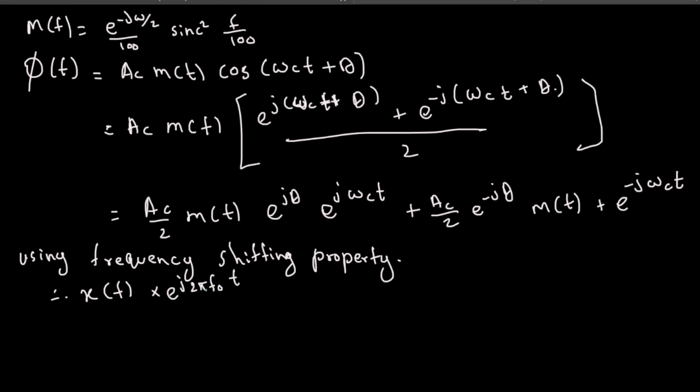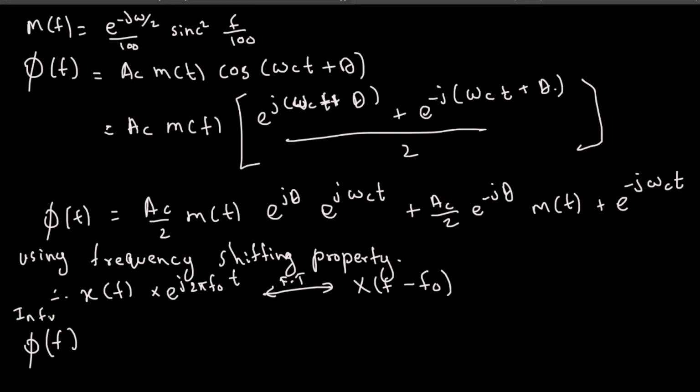If f naught is the frequency, then the Fourier transform of this is going to be x of f minus f naught. This is just an example. Similar to that, we can write this in terms of the frequency domain as well. If this is phi of t, and I write this one as phi of f, that is the frequency domain.